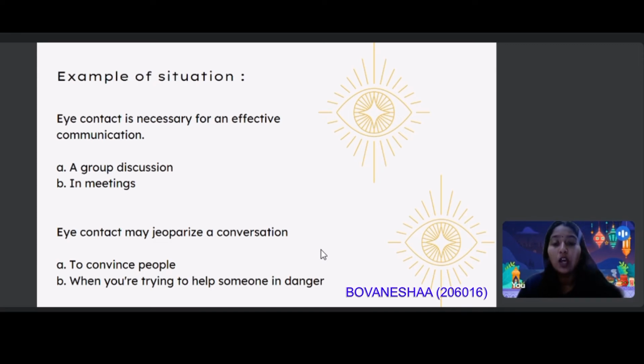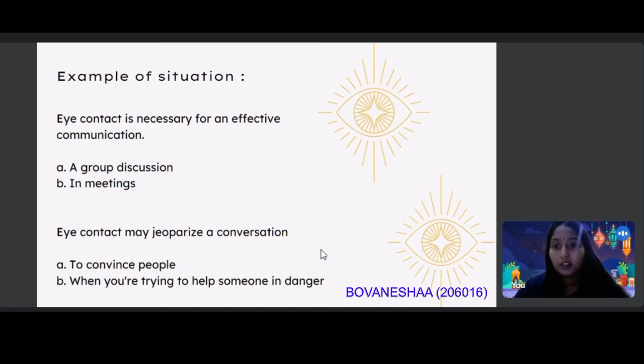So I think eye contact is necessary in a group discussion and also in meetings. It's the same. Meetings are formal, so when you are speaking to someone, you have to look directly into their eyes to make better communication, and this is what we call sending and accepting messages. You send a message through your eyes and through your words, and you have to make sure that they are receiving it at the moment.